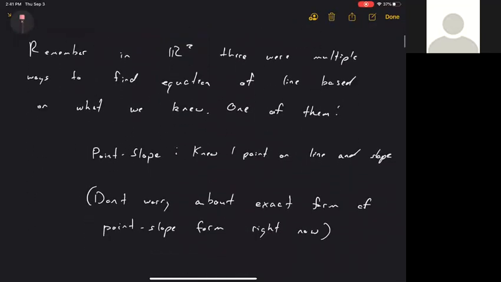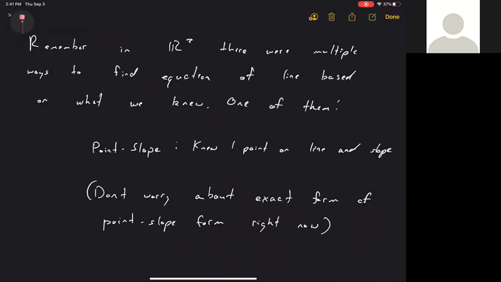We can use the same principles we used in R2 to write an equation of this line. Think about how we did it in R2. There were several ways to write equations of a line in R2: slope-intercept form, the so-called standard form, but let's think about point-slope form. What did we need for point-slope form?